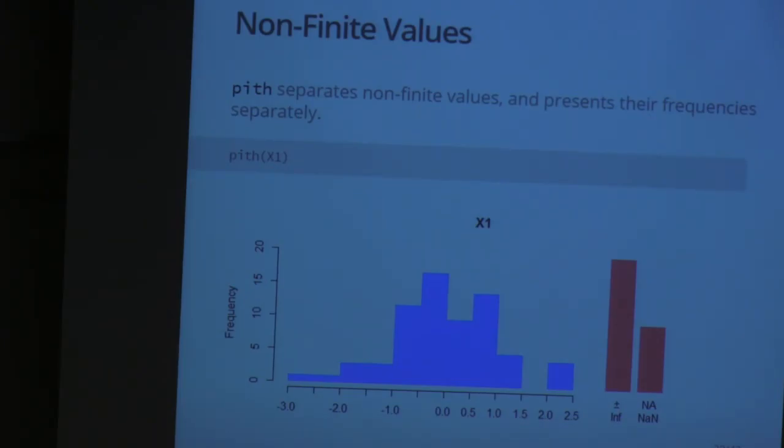I get a histogram of the finite values and a bar for plus or minus infinity and a bar for missing or not a number. Obviously, we could have four bars, one for minus infinity, one for plus infinity, one for not a number, and one for NA. But for the most part, that level of detail I thought was best for a second stage of checking on stuff.